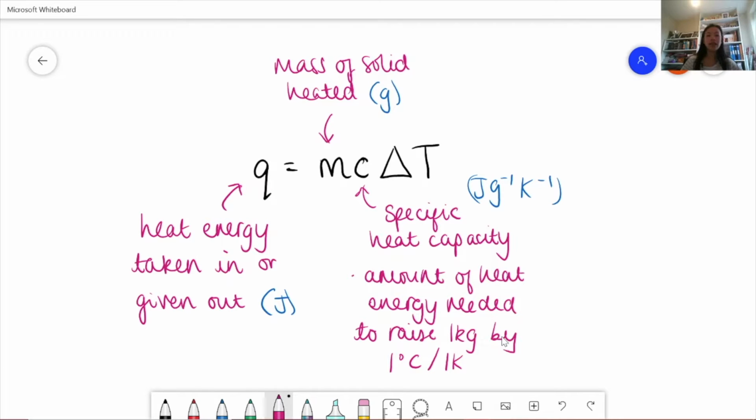And then we have this delta T. T stands for temperature, and the delta just means the change. So it's the change in temperature between before it was heated and after it was heated. And this is always measured in Kelvin.